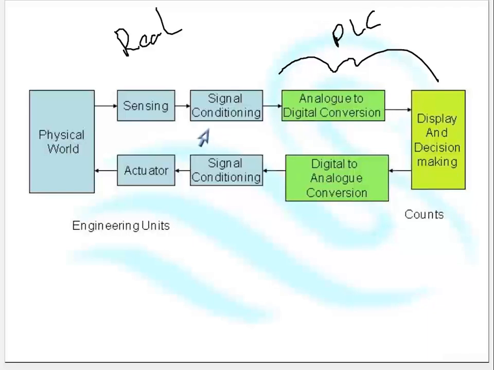We condition those signals, in other words, we change them into 4 to 20 milliamps. So here's 4 to 20 milliamps, for instance. Then we need to take that 4 to 20 milliamps into the PLC world. It's an analog signal here. It's an analog signal out here. And what we do is we take that analog and we convert it into digital.